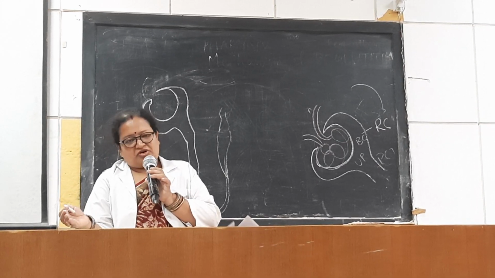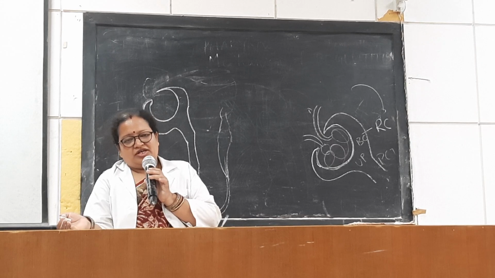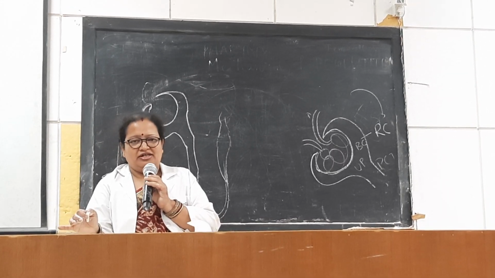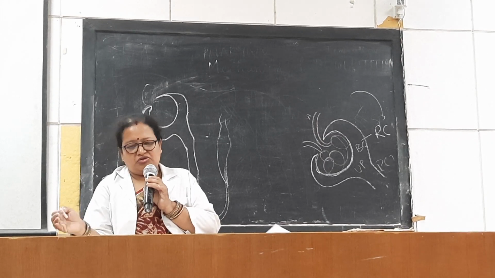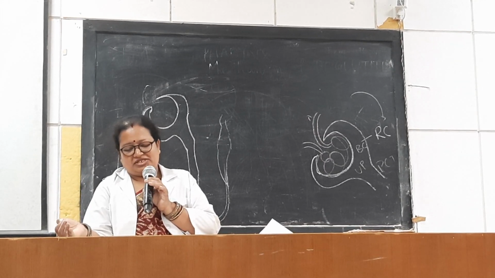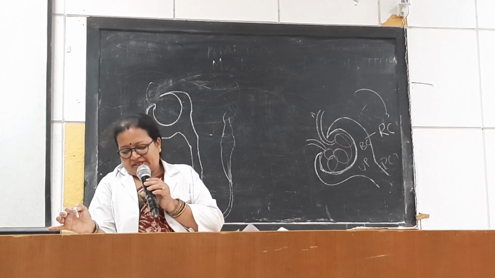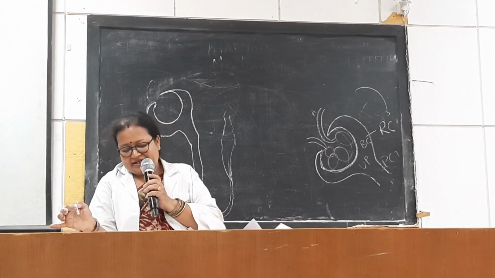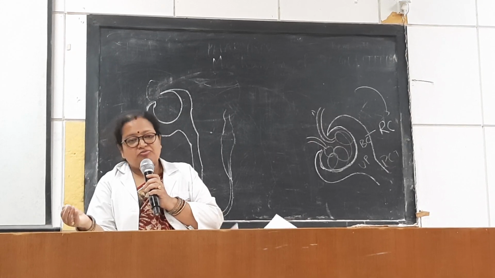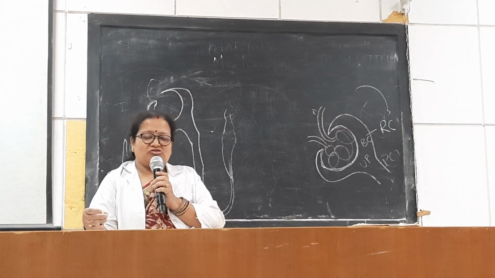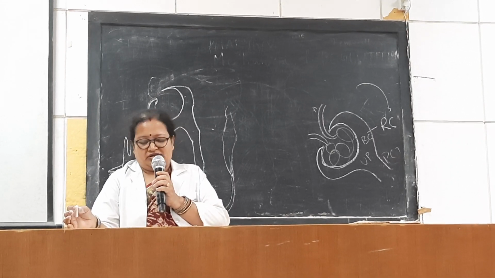So in the proximal convoluted tubules, 85% of water is absorbed, and it also absorbs glucose, proteins, amino acids, and other things. And the peritubular capillaries will also absorb certain water.